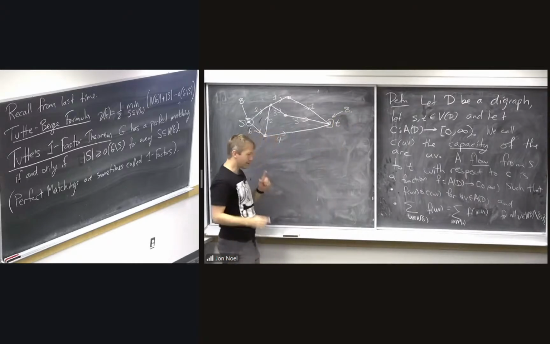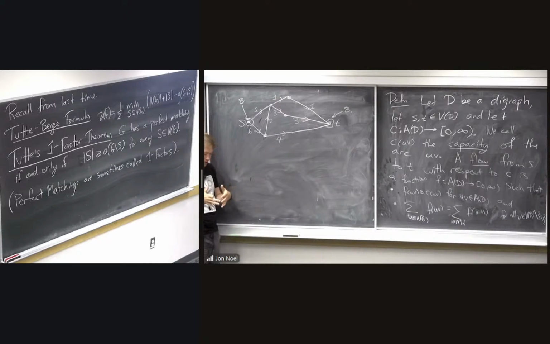Because of these local constraints, that flow in equals flow out on every vertex, you're always going to have that property. The total amount coming out of S should equal the total amount coming into T. And we want to maximize this quantity.